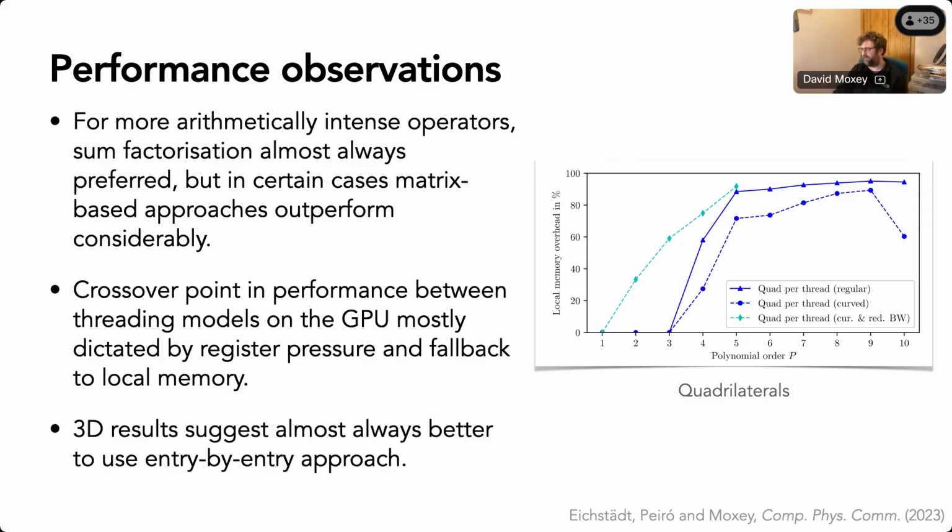This then causes you to spill over into local memory, and makes the approach a lot worse in terms of performance. And in 2D, there are particular crossover points. So you see for the quadrilaterals, order 3 and 4 are actually quite efficient under this interleave type approach. But in 3D, it's probably almost always better to use that entry by entry approach, where you're parallelizing over modes.